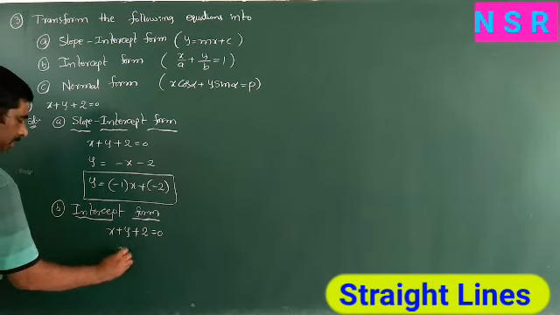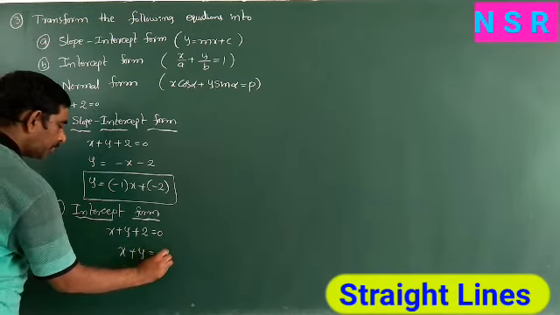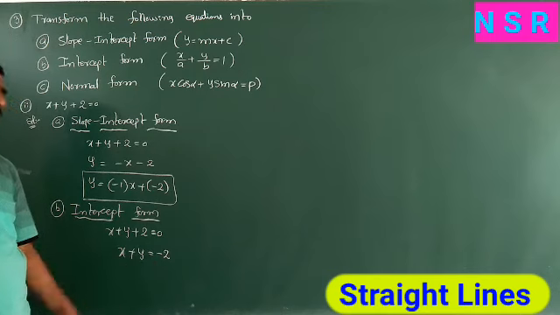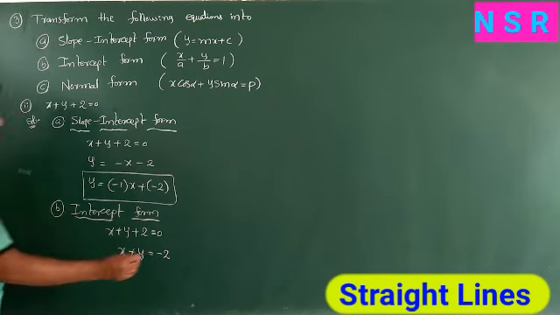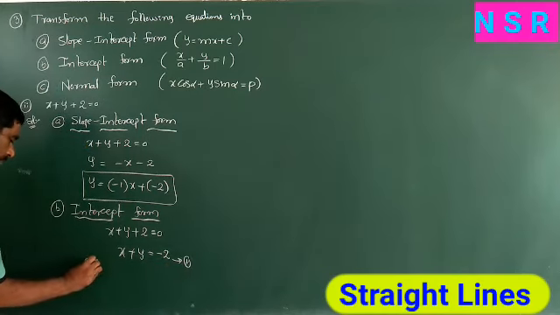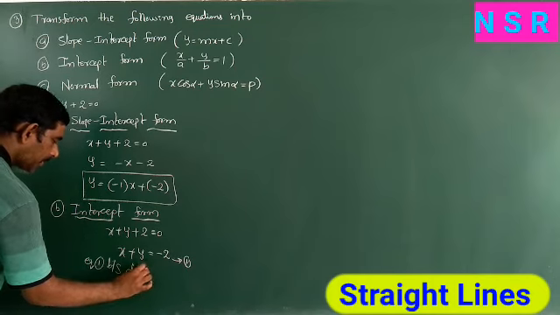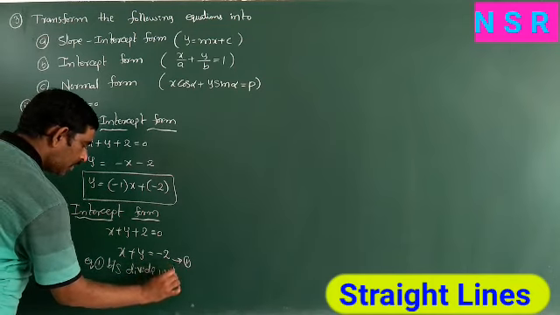So we get x plus y is equal to minus 2. Now this minus 2 must make it 1, so divide both sides by minus 2. Take it as equation number 1. Equation 1, both sides divide with minus 2.